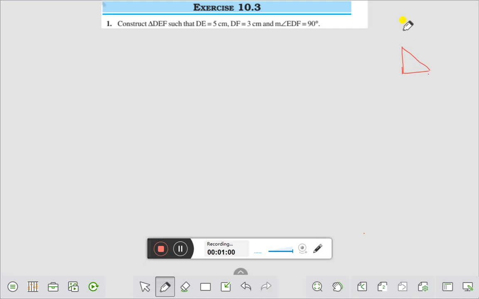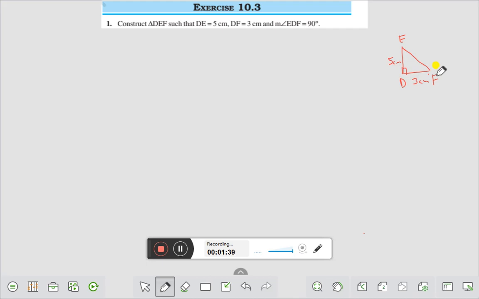In this triangle DEF, the measure of angle EDF is 90 degrees, DE is equal to 5 centimeters, and DF is equal to 3 centimeters, right? Let us construct the triangle DEF.